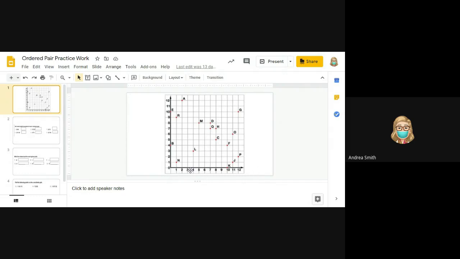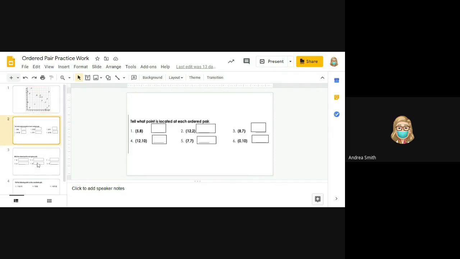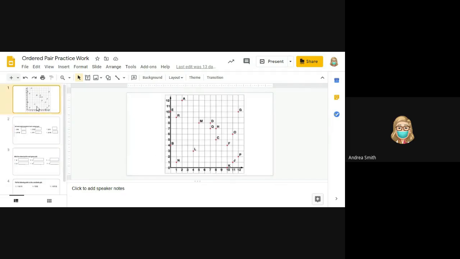The examples of plotting were the little red dots. You told me what all those plots were. We discussed how X always comes first in your coordinates. For example, the coordinate for N, as shown here, would be 1 and 1.